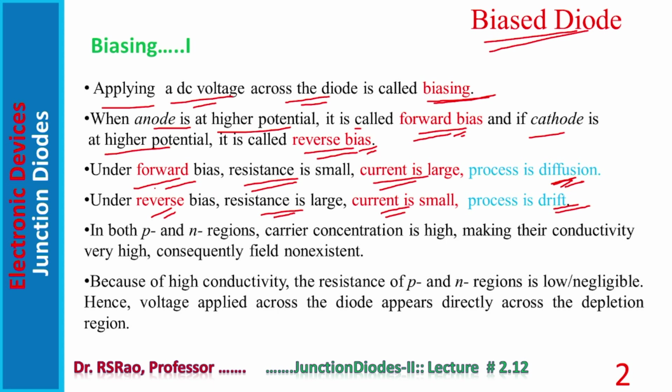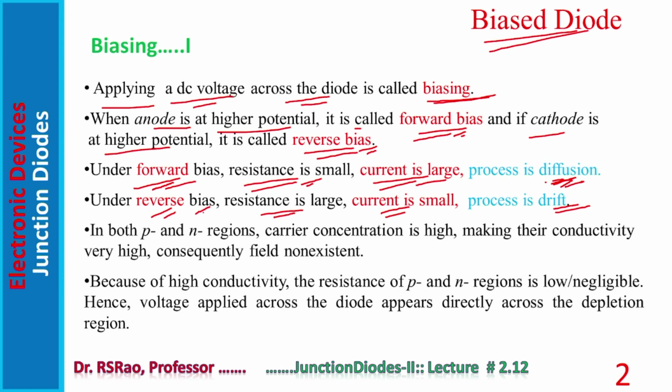Here, an important point to be kept in mind is that when the diode is forward biased, it exhibits small resistance. As a consequence, current through the diode becomes large. The process associated with this current is diffusion.